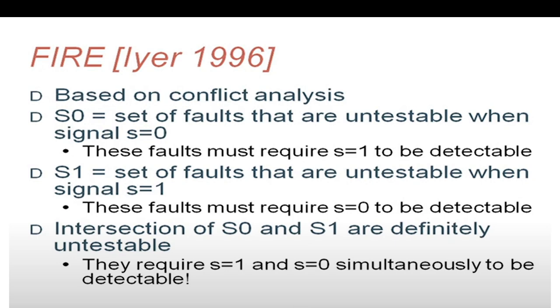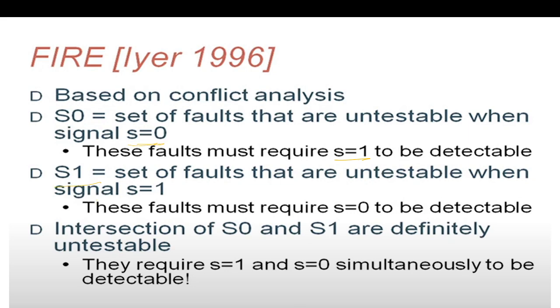The next concept from the paper is called FIRE. It is based on conflict analysis. If S0 is the set of faults that are untestable when the signal S is equal to 0, this fault must require S equal to 1 to be detected.